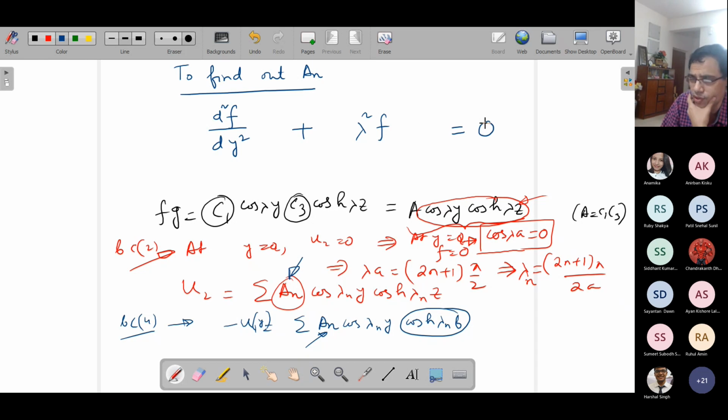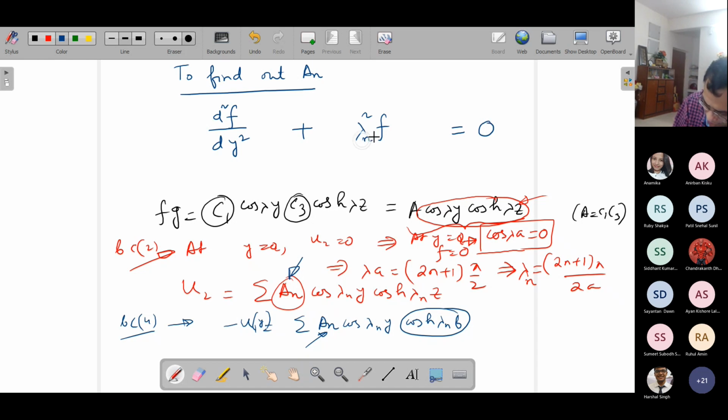So this was the governing ordinary differential equation for f. So now we have understood that not one value of lambda, but there are n number of such values of lambda.